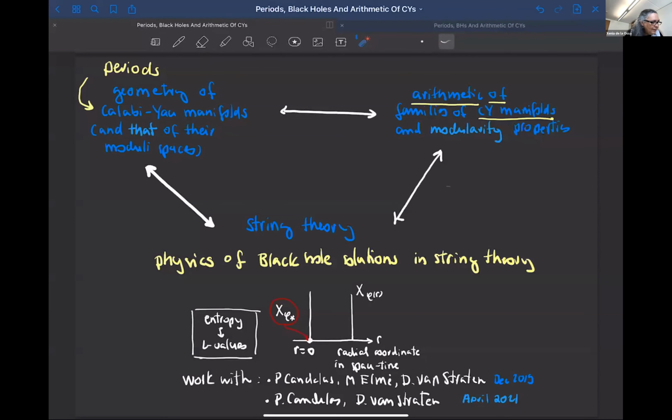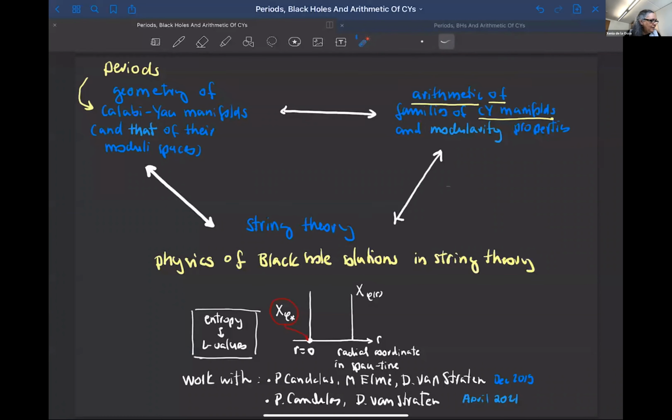If you are a number theorist, you are interested in the arithmetic of algebraic varieties. So we are also going to be interested in the arithmetic of families of Calabi-Yau manifolds and their modularity properties. Again, I will be more specific about what that is.